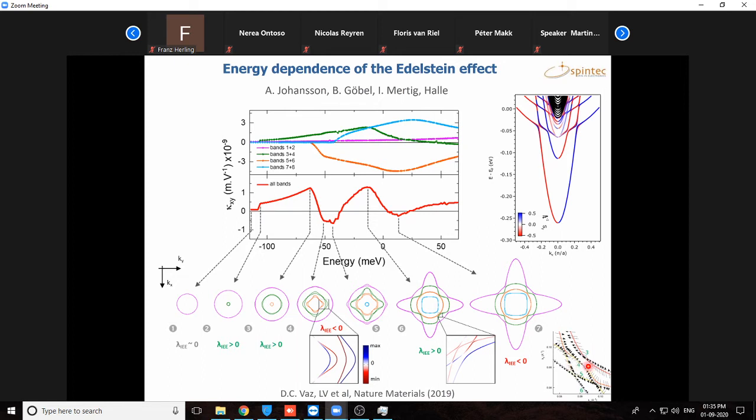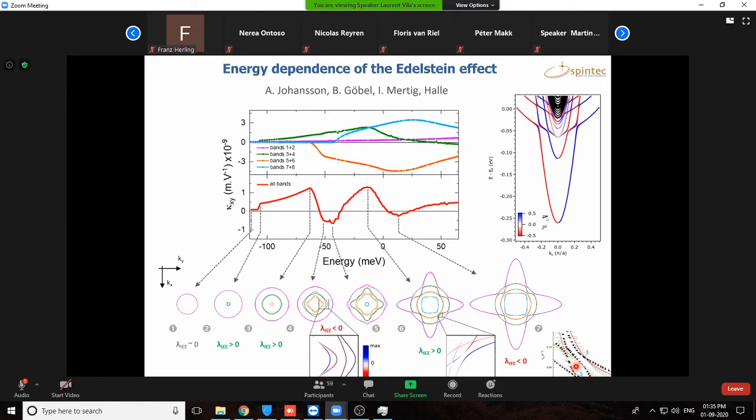So this large signal at this peculiar point is due to the fact that one of the bands has a reduced polarization, so it blurs less the chirality offered by the first band.